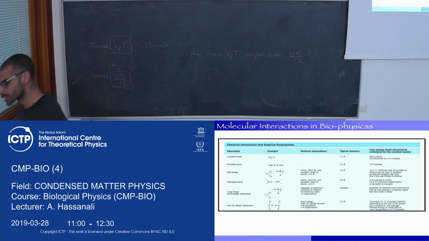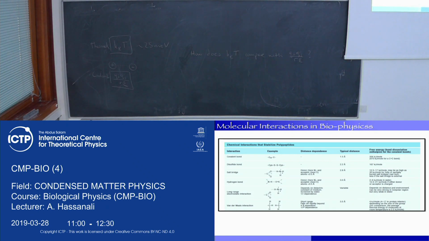So I have two charges. Let's ignore epsilon first of all. How would I go about thinking about this problem?